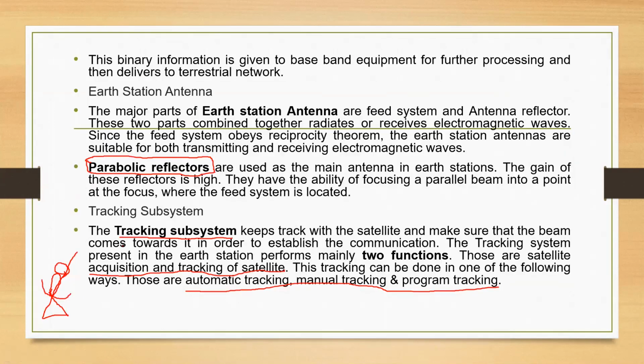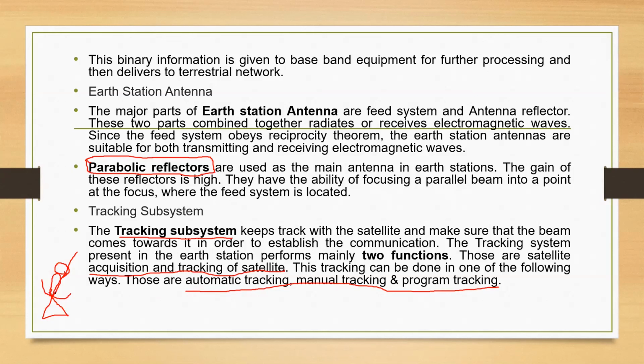Then regarding the antenna, I told you it's a parabolic reflector. For the tracking subsystem, we need to acquire the signal and track the signal. Acquisition and tracking is done with the help of automatic tracking, manual tracking, and program tracking. In automatic tracking, you can have conical tracking, similar to a radar, where the beam is revolving around the receiving signal, and depending on the power levels being received, it decides whether the position of the antenna is correct or needs to change.